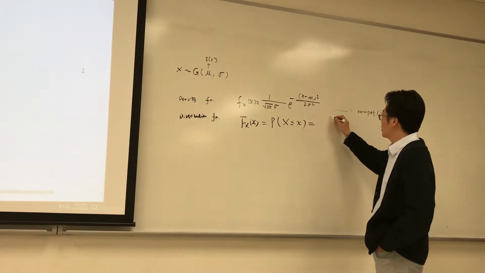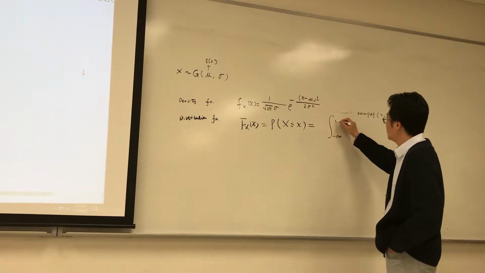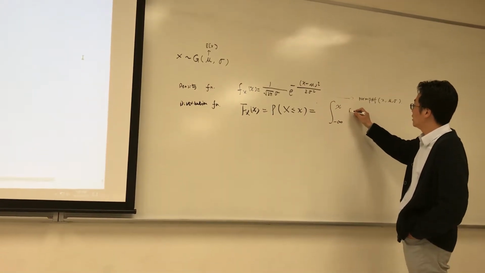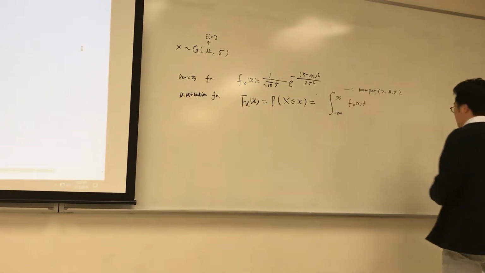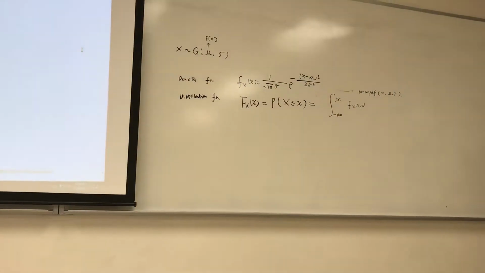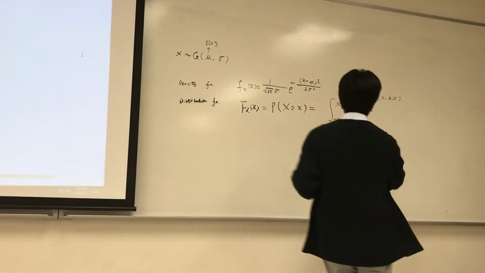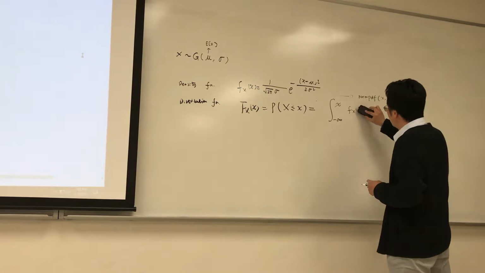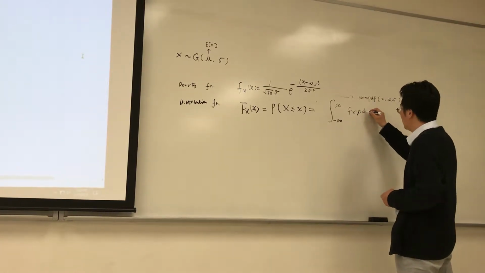So this will be from minus infinity to x of f_X dx. Actually, I should use a different dummy variable. Let's use, say, y. Okay, so y will be a dummy variable in this integral.